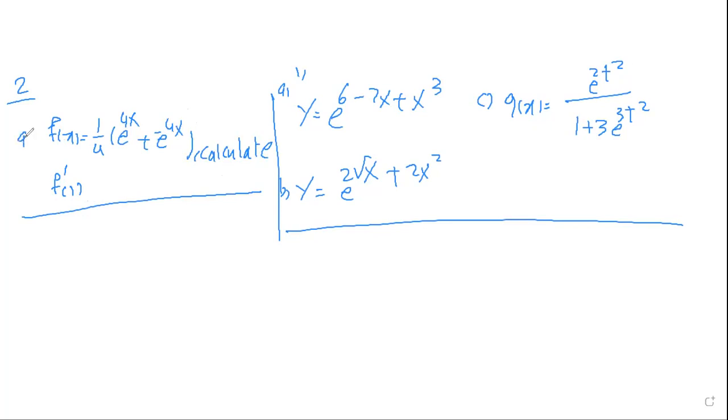Because you don't have it in the book, I'm writing it by myself. B: f(x) is e to the power negative 1 over t plus 1. Then calculate f prime of negative 1.